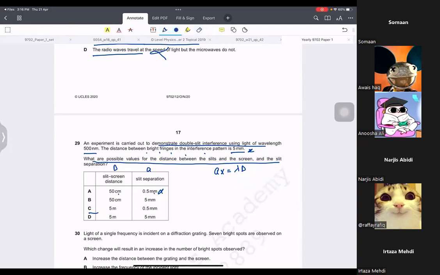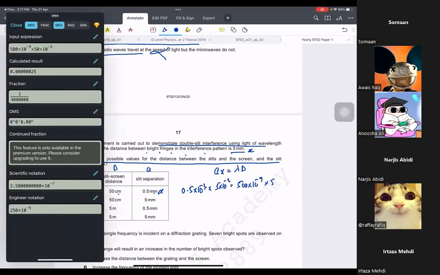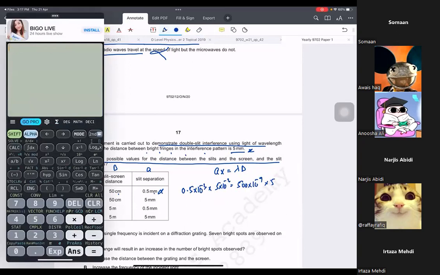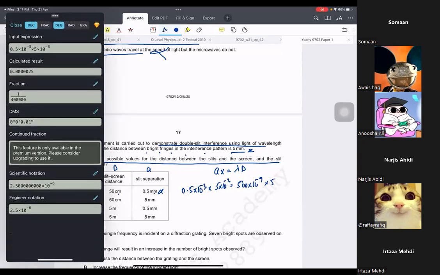Let's check C. So slit distance is 500 times 0.5 times. Okay, I'm checking this. So 0.5 times 10 raised to power minus 3 times 5 into 10 raised to power minus 3. Okay, so this is 2.5 times 10 raised to minus 6.